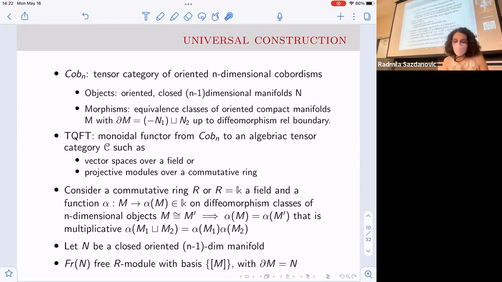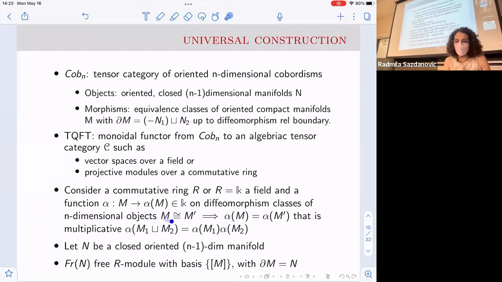So we're going to come up with this function alpha that works on morphisms. So it's in dimension n. So you're going to assign to each M some value in your field. And again, this is a function of classes, right? Diffeomorphism classes.